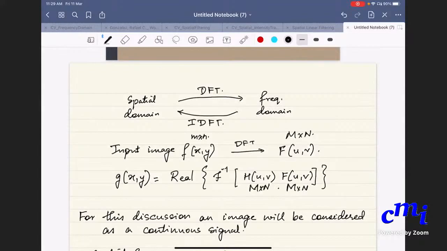It will not be like passing this filter over every pixel. It will simply be point-wise multiplication by another array. So you take your original image, transform it to the Fourier domain, apply this simple multiplication and bring it back to the spatial domain, and your filter is applied that way.